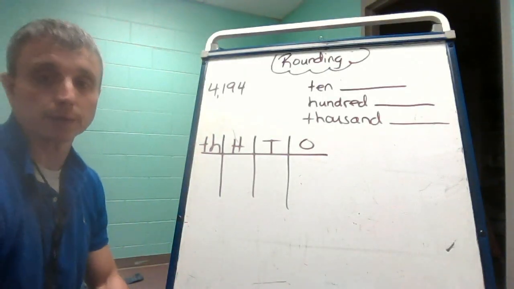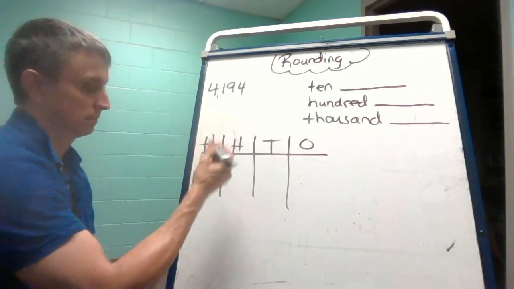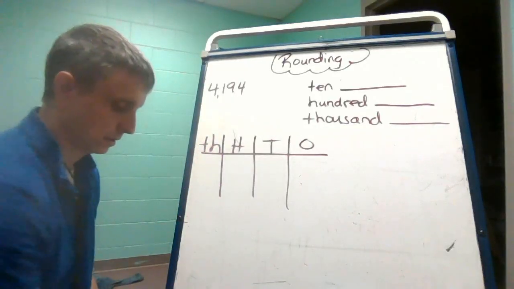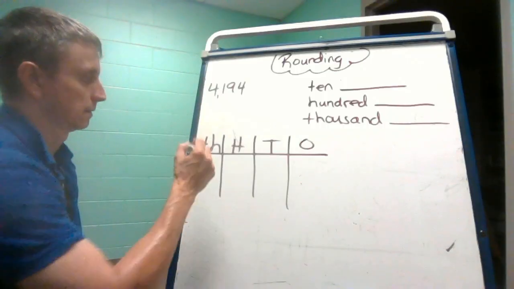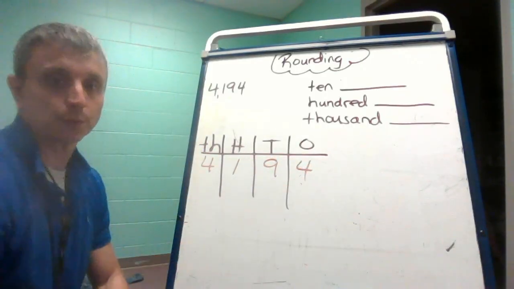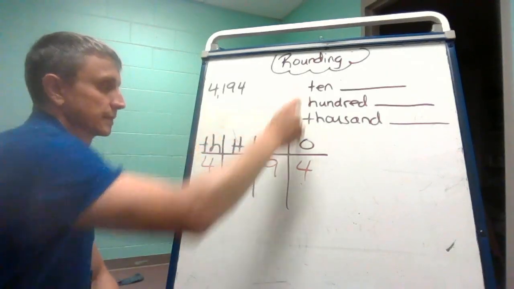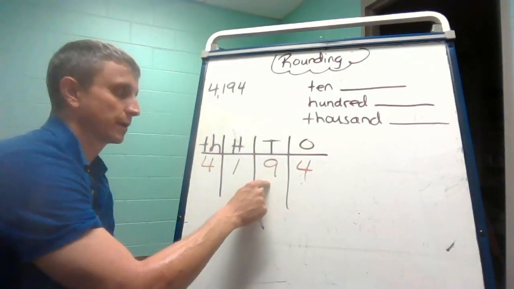I'm going to go ahead and enter my number into my place value chart first thing. My number is 4,194, and I'm going to start off with the tens place. So tens place is right here.